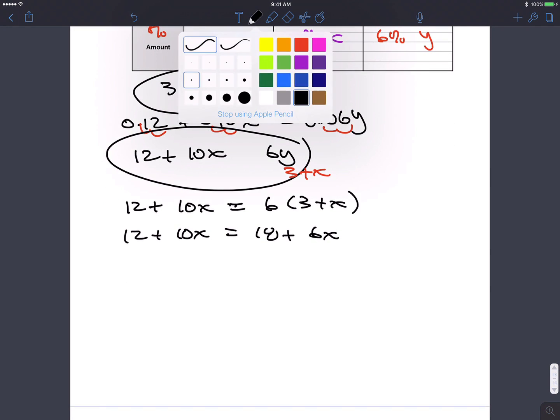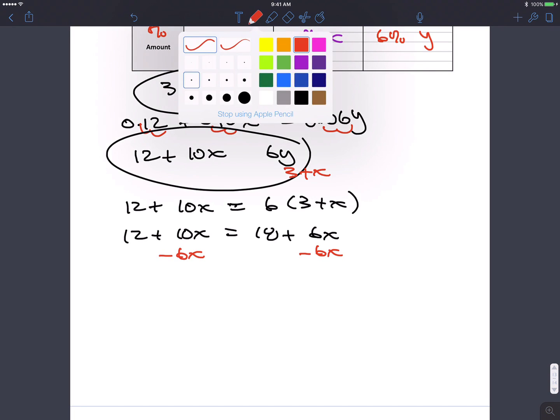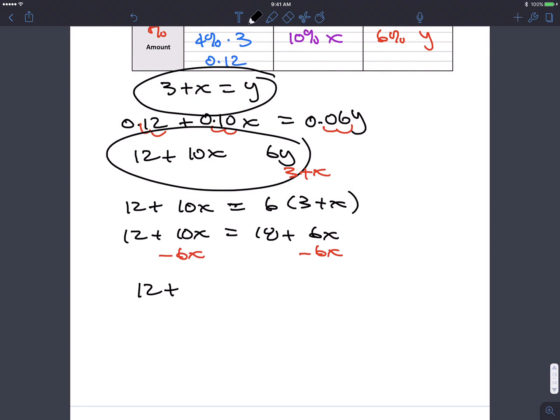Do some algebra. Subtract 6x from both sides. 12 plus 4x is 18. You're going to subtract 12, and you get 4x is 6. Divide both sides by 4.